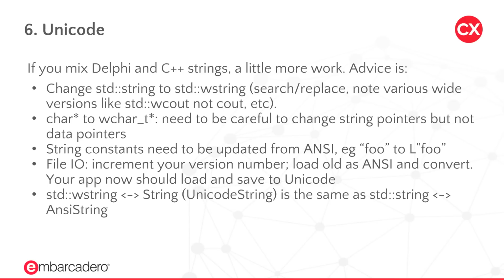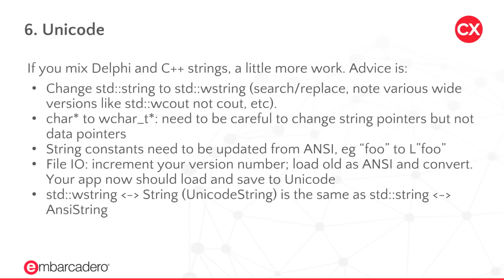It gets a little more complicated with string constants, because you'll have a constant wrapped in quote characters, and you'll need to attach a prefix to that to specify the type of string. Now, if you're converting wholly to Unicode, you can use the L prefix, for example, but you will need to do that. And I'd recommend using a Python script or something similar to assist you there, because searching for quotes is a little more difficult.